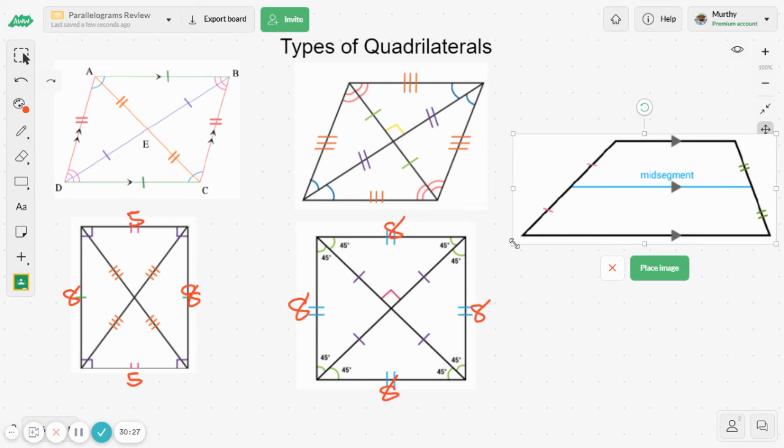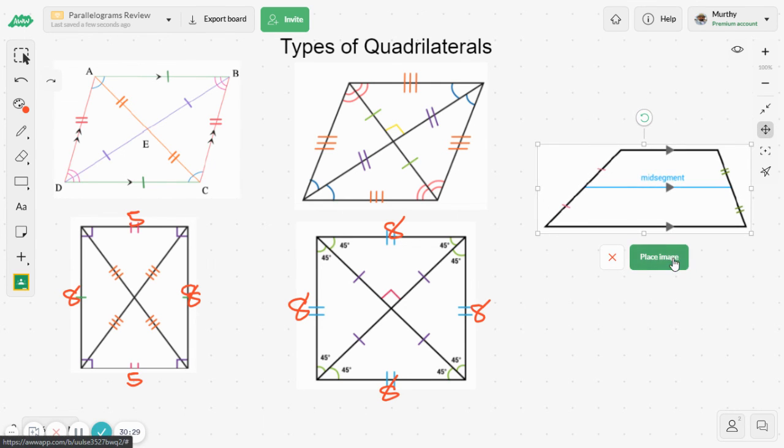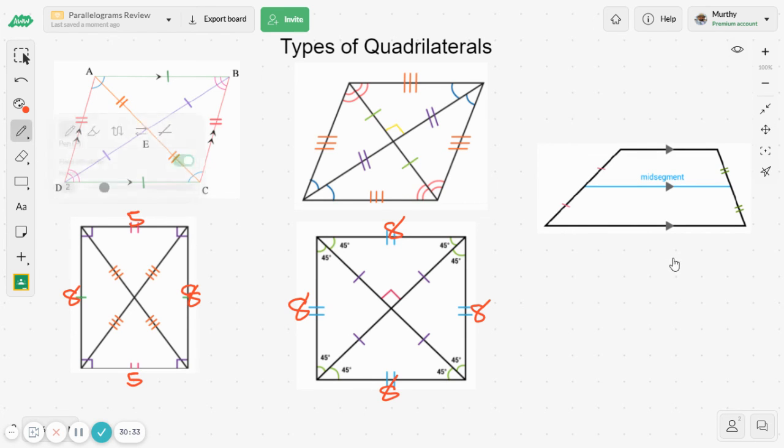Okay, so the diagonals bisect the angles means, please notice that in all the diagrams, here the angles are bisected by the diagonals. Do you see that? And here in a square, yes, the angles are bisected, right?